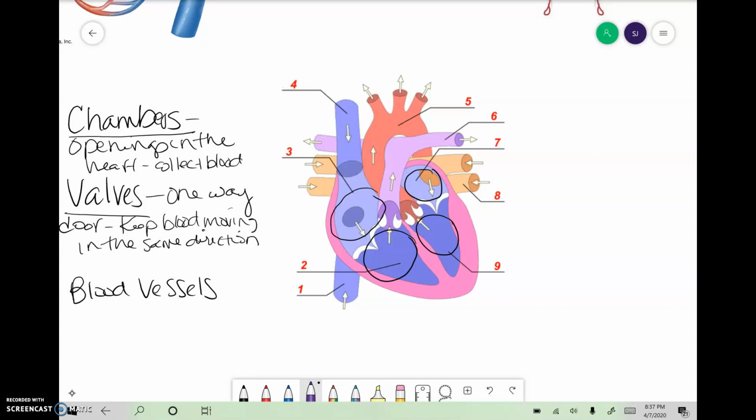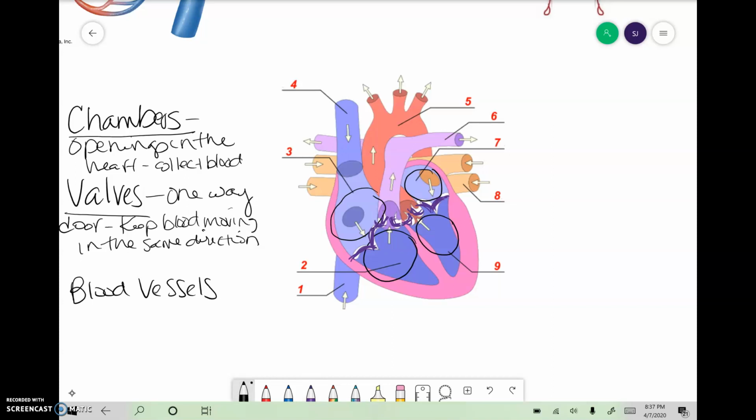Okay, so those are valves, and you have 4 of those as well. So for every chamber, it has a door. Okay, so for every room, you have a door. In real life, well, hopefully you have all your doors. Okay, if not, I'm so sorry, but you have 4 valves that help to keep blood going in a forward direction for your 4 chambers.